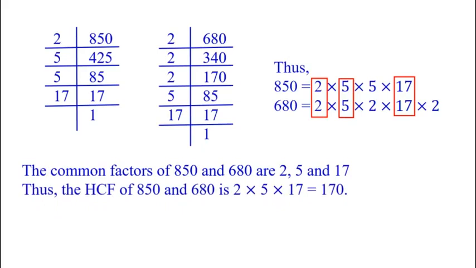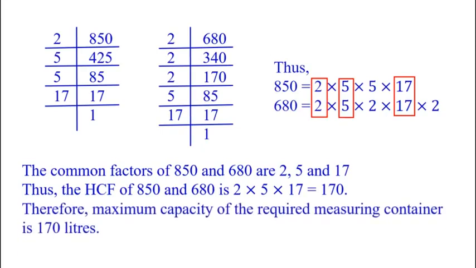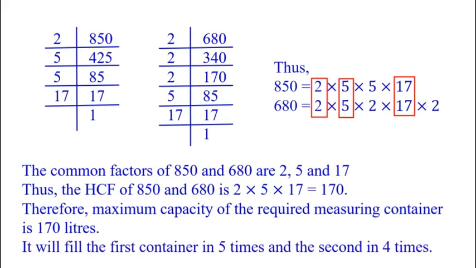So the common factors of 850 and 680 are 2, 5 and 17. So the HCF of 850 and 680 is 2 into 5 into 17, that is equal to 170. Therefore, the maximum capacity of the required measuring container is 170 liters.